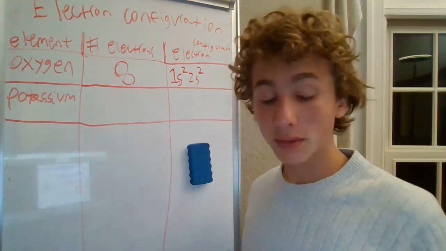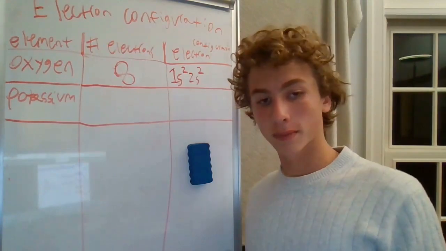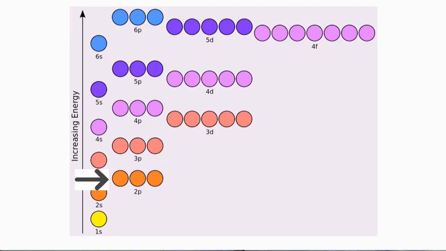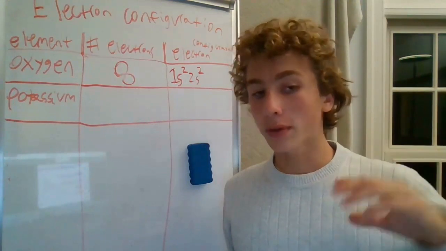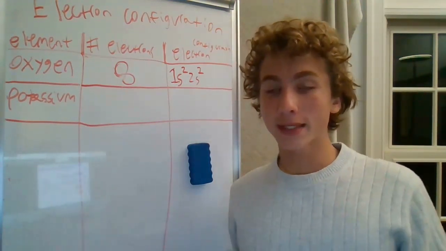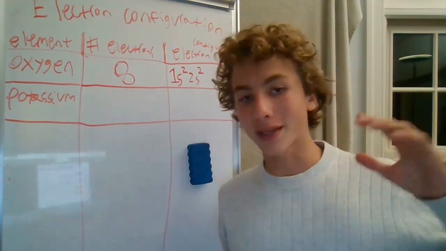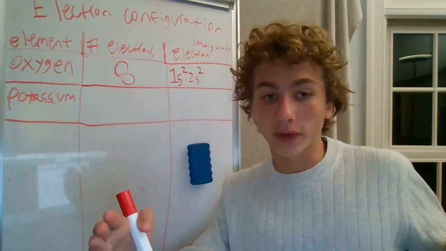Well, the next lowest one, as we see, is 2p. For that one, though, there are 3 circles. So how does that work? Well, we're going to be able to put in 2 in each circle, except they don't like being buddies, so we have to spread them out into each circle before we're filling it in.